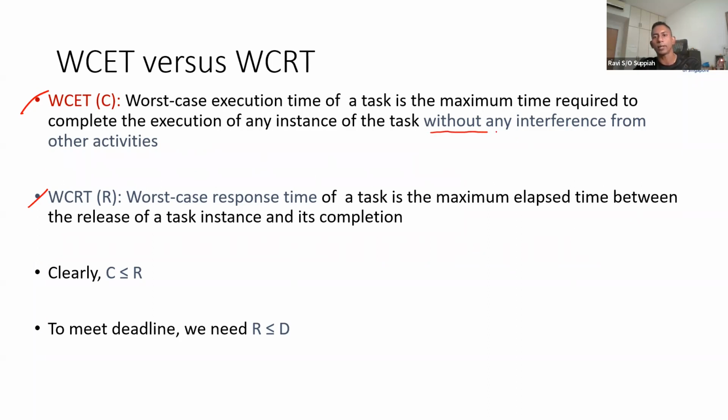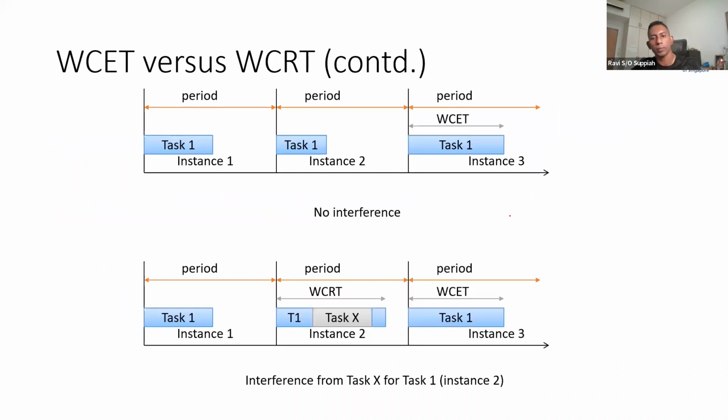Without any interference, in other words preemption, we say it's worst case execution time. With preemption, we say it's worst case response time. Preemption means another task will come in to interfere with your current task, and because of that, your current task needs more time to complete.